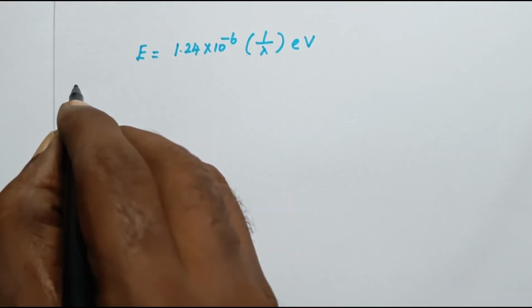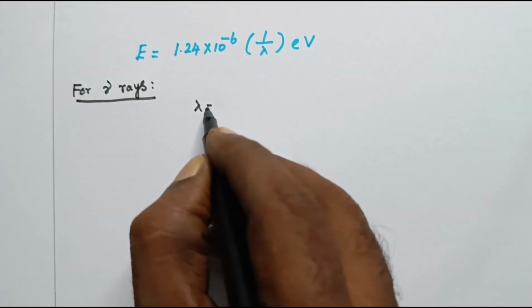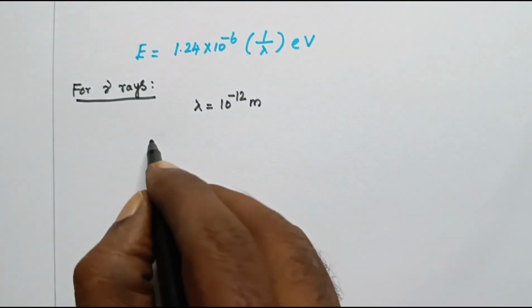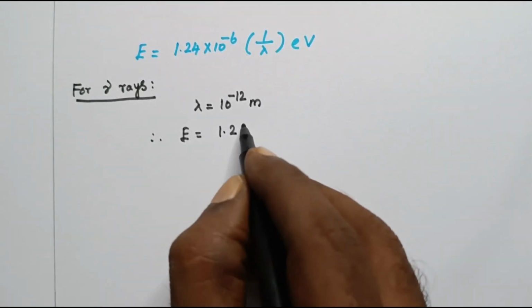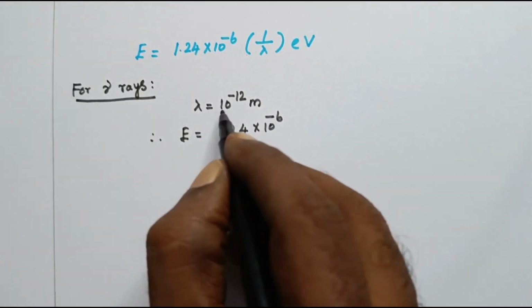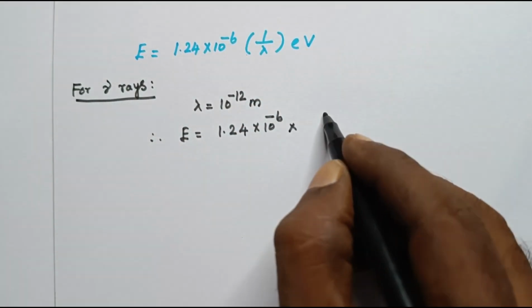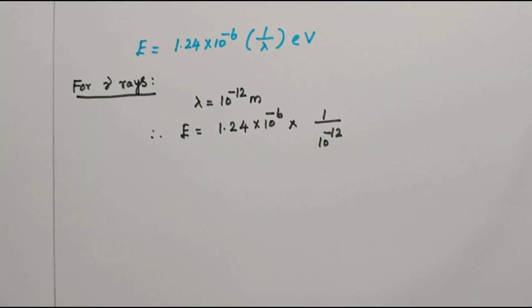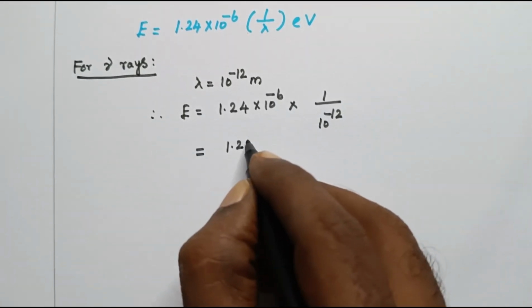For gamma rays, lambda is equal to 10 to the power minus 12 meter. Therefore, E is equal to 1.24 into 10 to the power minus 6. Let us substitute lambda is equal to 10 to the power minus 12 in this formula. We will get 1 divided by 10 to the power minus 12. So this is equal to 1.24.